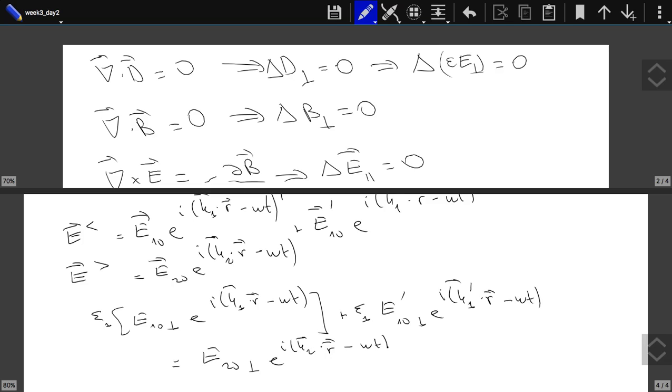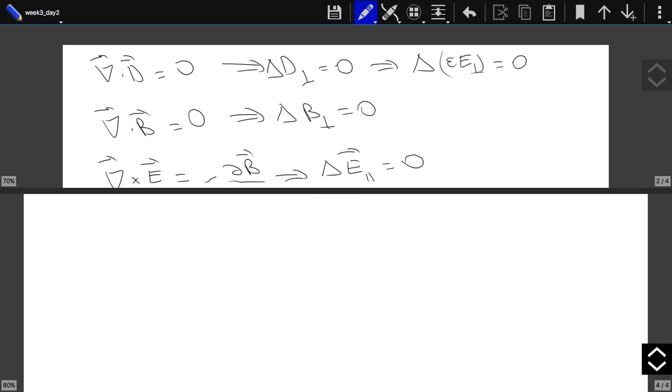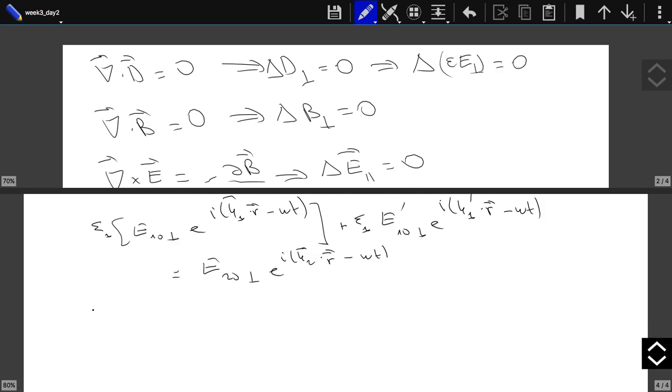But now, if this equation is to be satisfied not just at one point on my interface, but at every point, k1·r should be equal to k1′·r, and it should be equal to k2′·r, at every point when z is equal to 0.